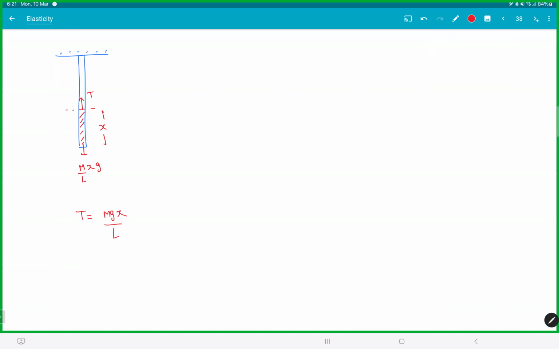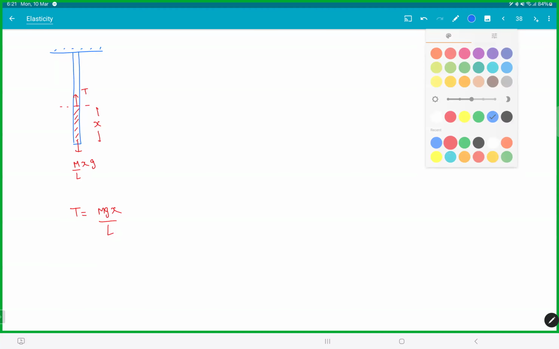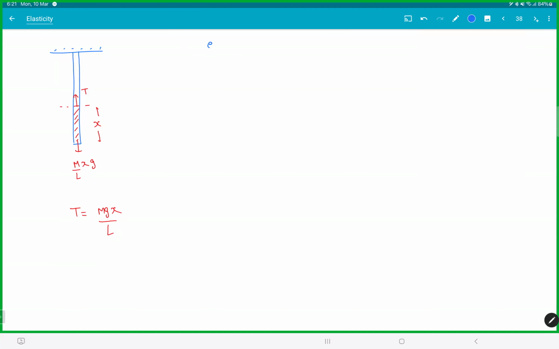Now, whenever they ask you a ratio, luckily you really don't need to calculate the whole thing. We know elongation is the integral of tension T(x) dx by AY. So when you take the ratio, E upper by E lower, this would be the integral of mg x dx by AYL.